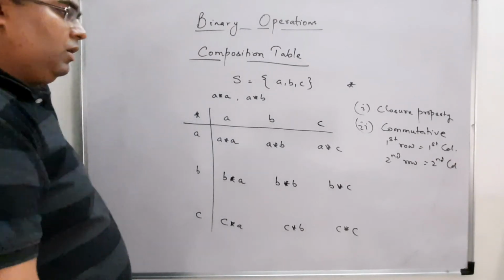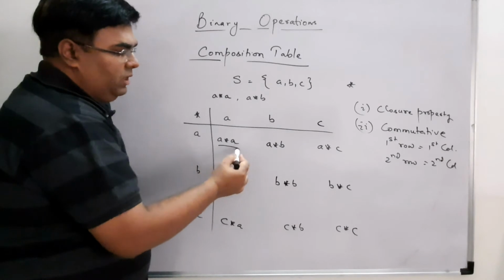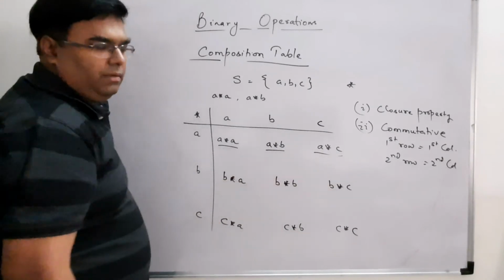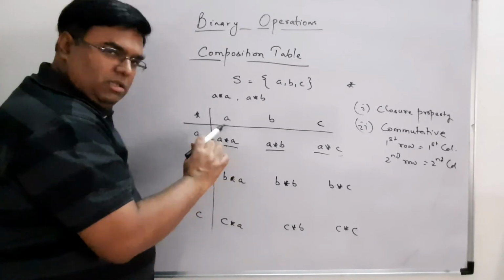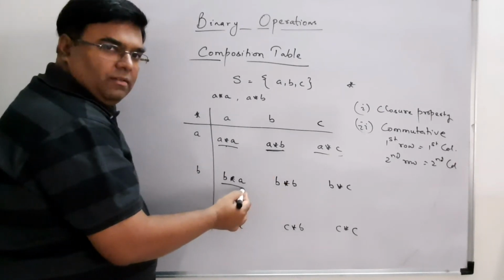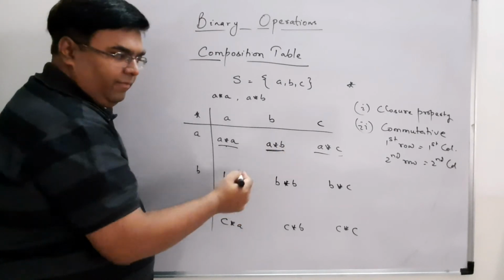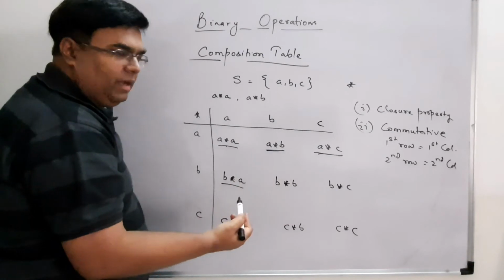How so? Because my first row contains A cross A, A cross B, and A cross C. If this is equal to my first column, then A cross A is equal to A cross A, no issues. A cross B should be equal to B cross A, hence commutative. A cross C should be equal to C cross A, again commutative.